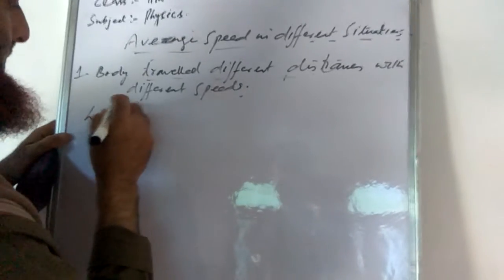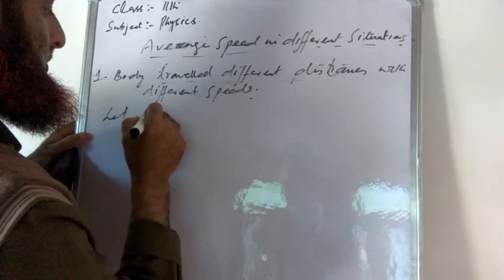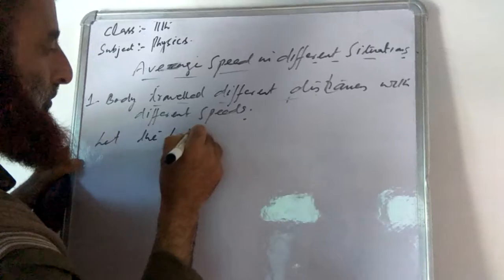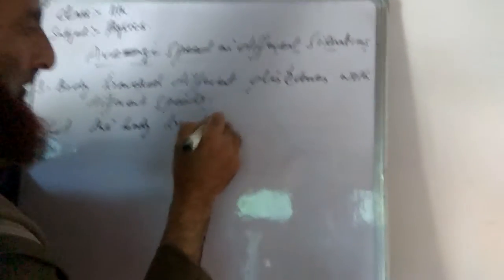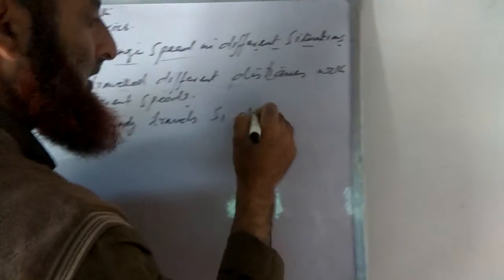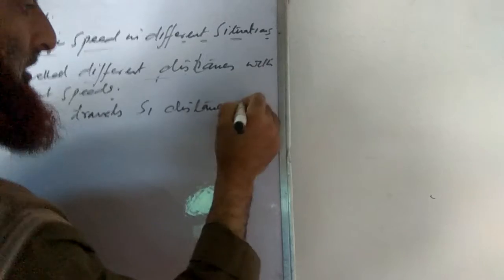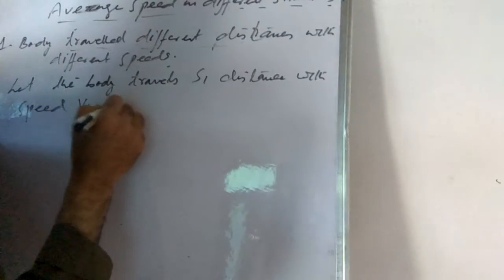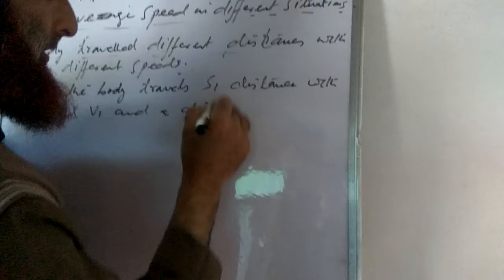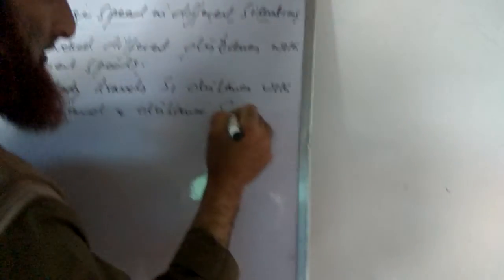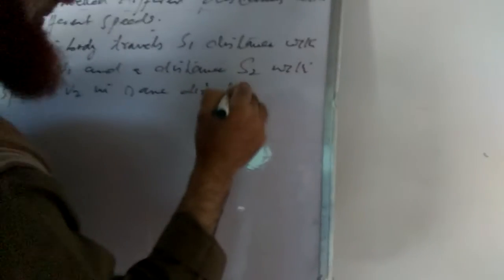Let us suppose the body travels distance s1 with speed v1 and a distance s2 with speed v2 in the same direction.